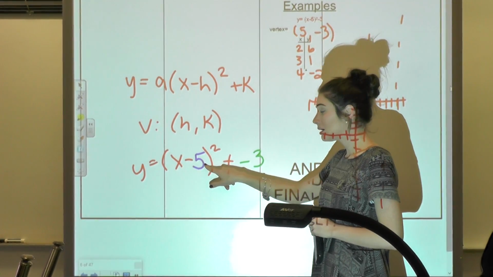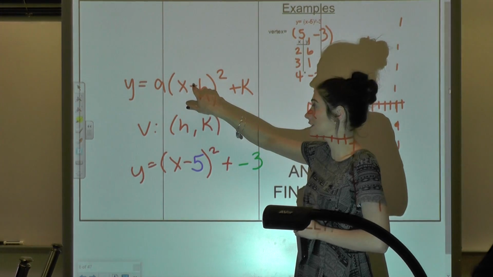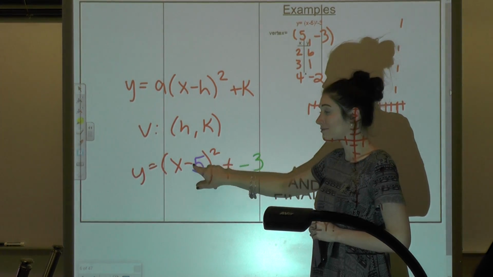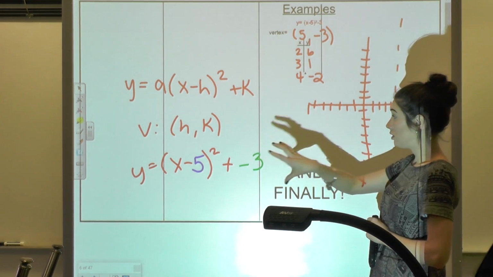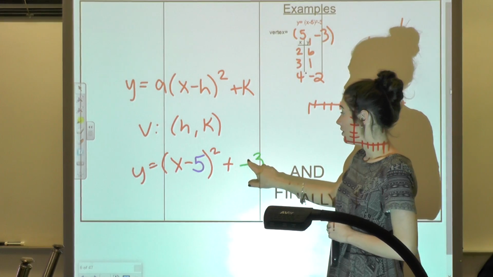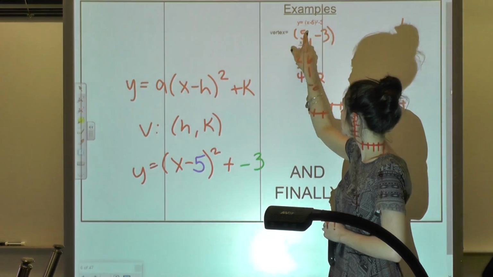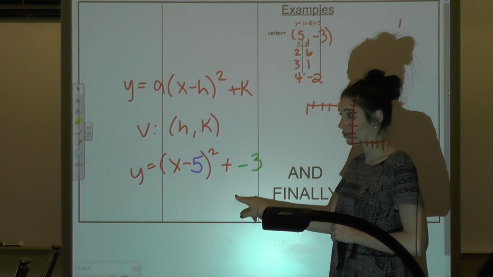Then you have x minus, your h is 5. It has to be in minus form. So your h is 5 because it has to be minus. So that means that your h is a positive 5. Then I have a plus sign. Well, what is it? It's minus 3. So your k is actually negative 3.